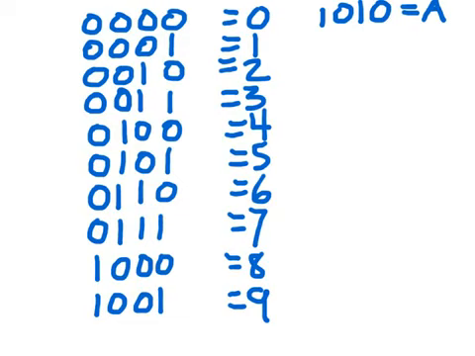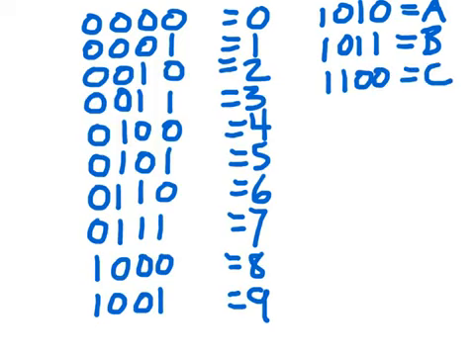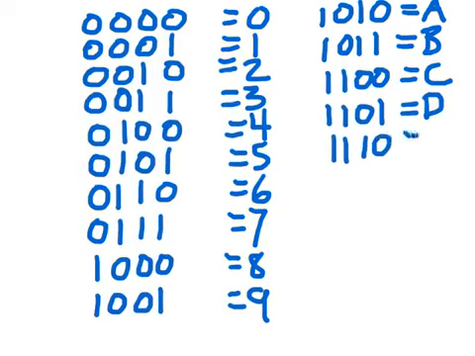So instead of 10 being 1, 0, we actually say that 10 is A, and then 11 is B, 12 is C, and then of course we have D, E, and F. Now, it is very important that you memorize this table.